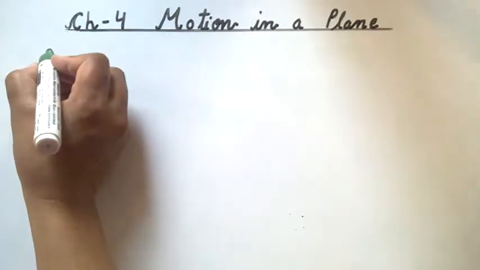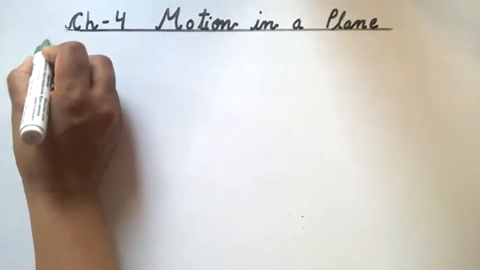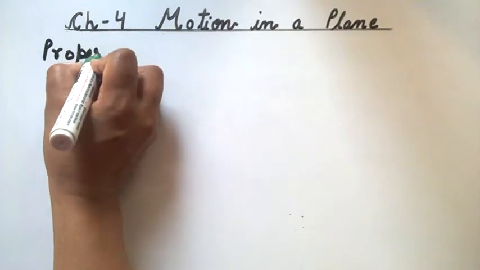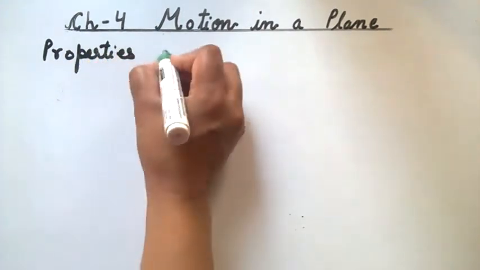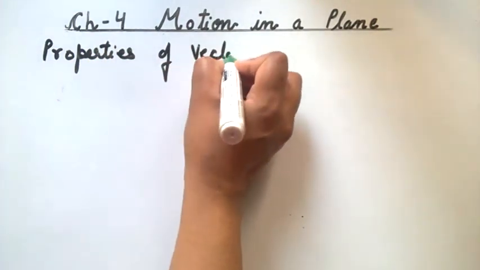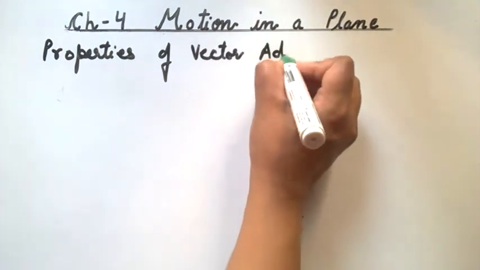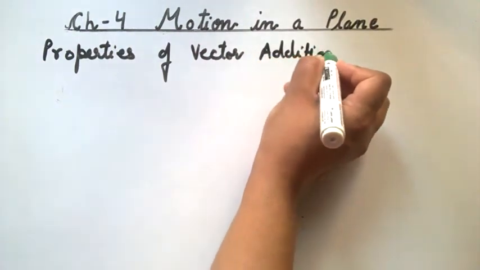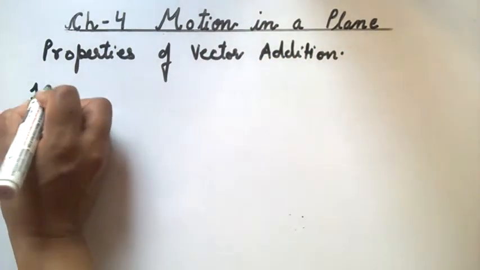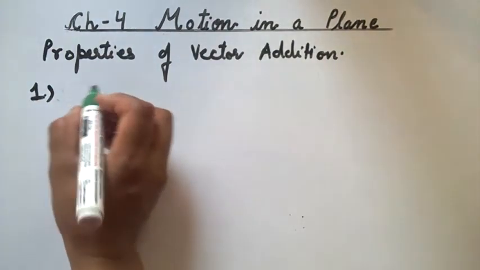Now let's study some properties of vector addition. The first property is that vector addition follows the commutative law.